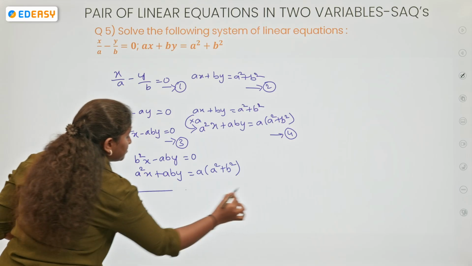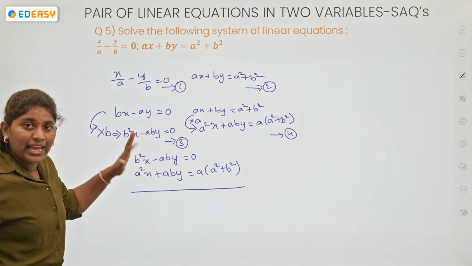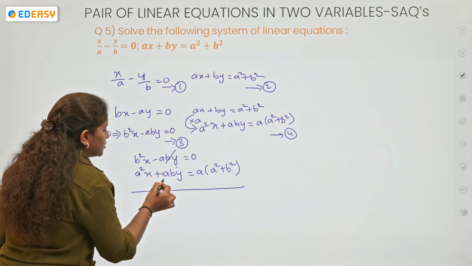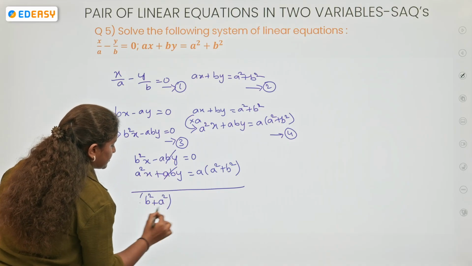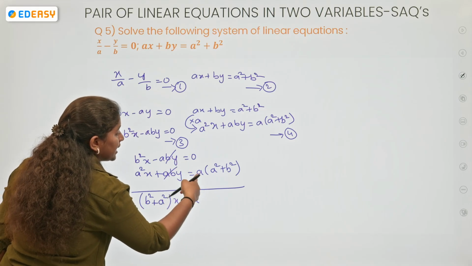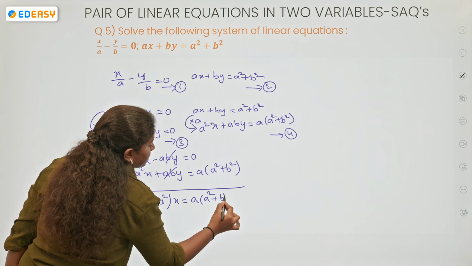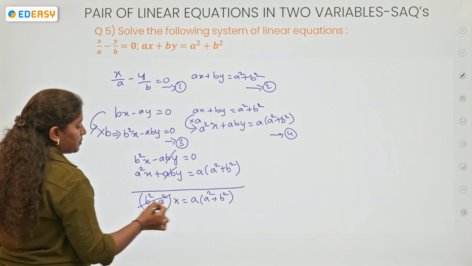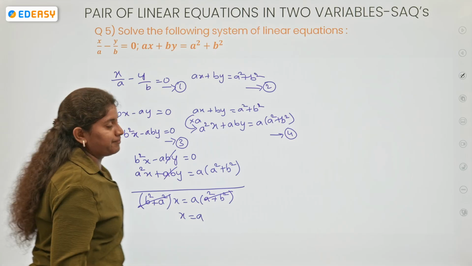Let's add them, because here it is minus and here it is plus, so directly you can eliminate y. So, (b square plus a square) into x equals 0 plus a into (a square plus b square). Now a square plus b square cancels on both sides. So we got the x value as a.